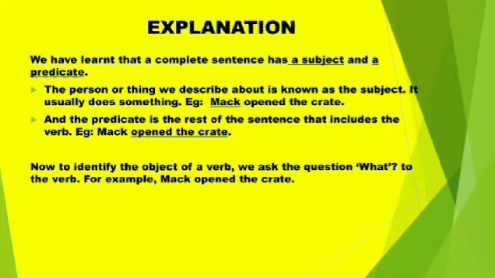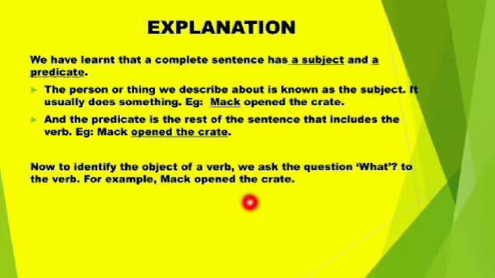Now, our main topic is direct and indirect objects. First of all, we have to know how we are going to find the object of a verb. To identify the object of a verb, we ask the question what to the verb. For example, Mac opened the crate.